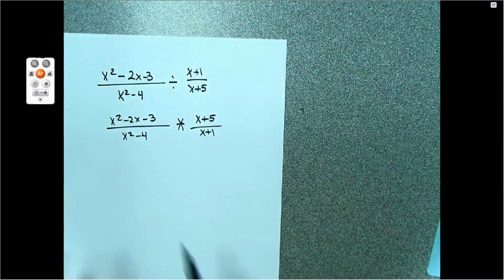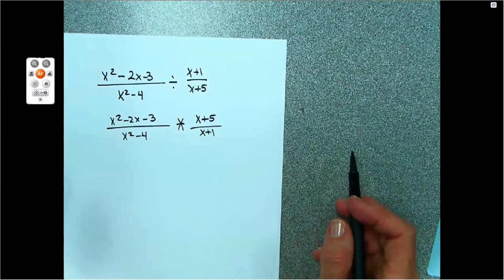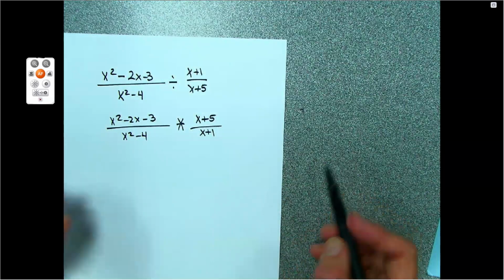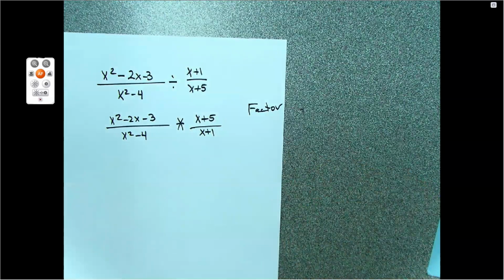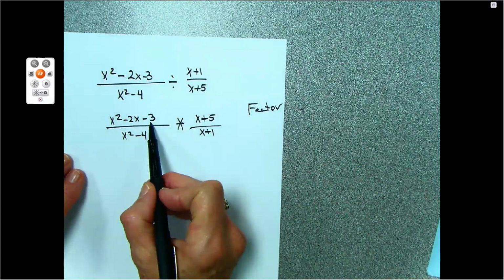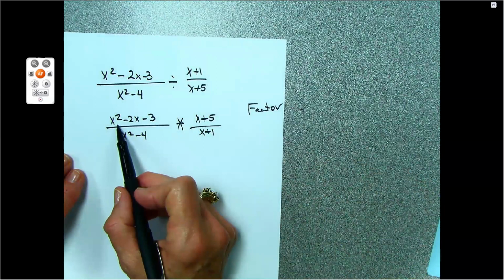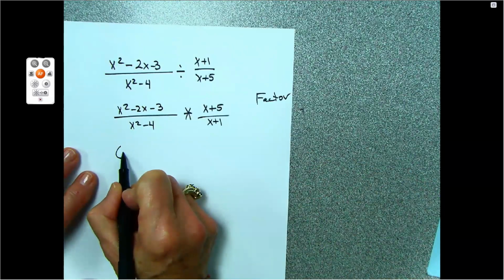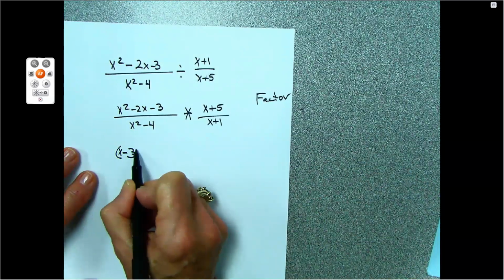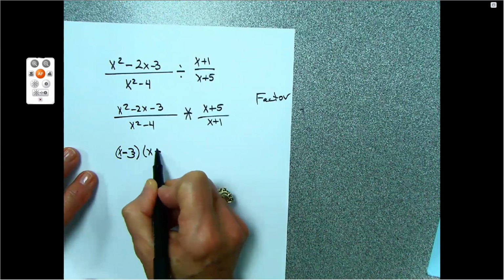Now I have some adding and subtracting going on. I can't look for other names for 1 yet, but I can factor. Look to factor. This is a trinomial. With my factor table, I can factor this as x minus 3 times x plus 1.